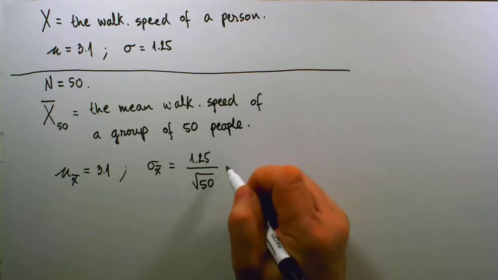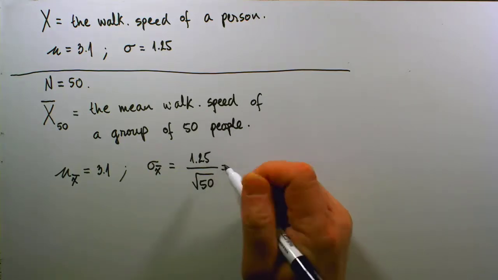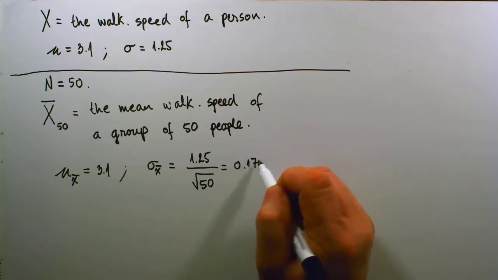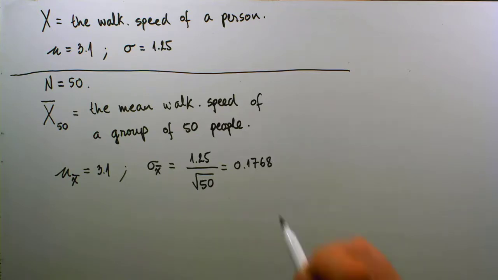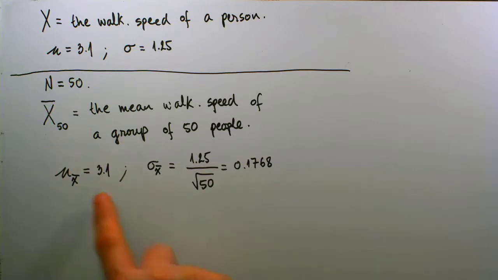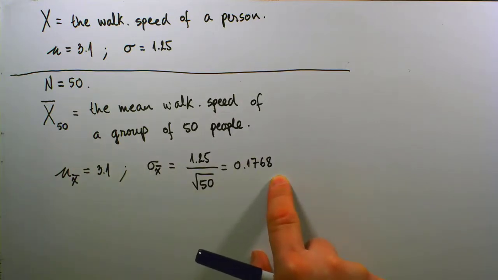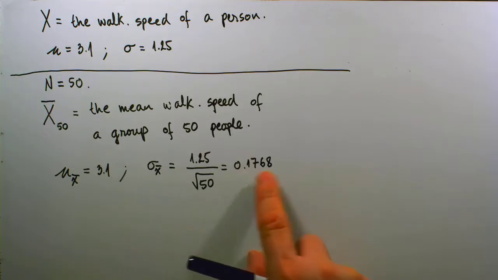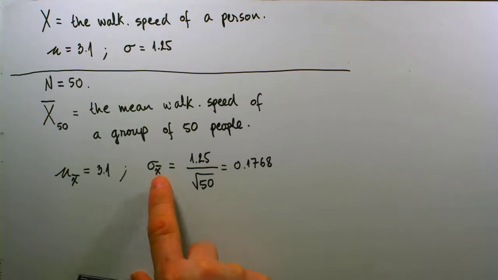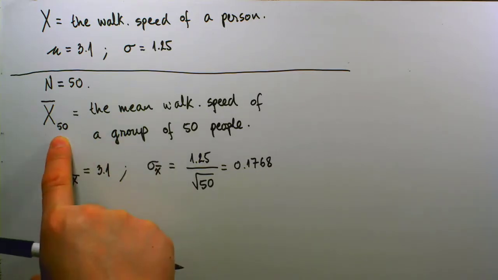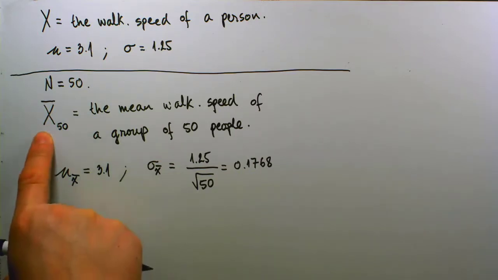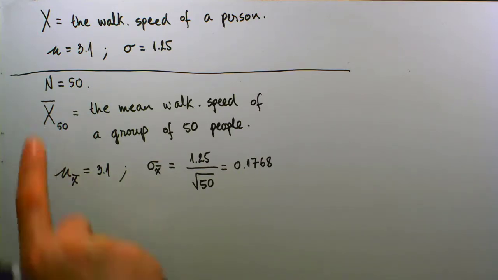So my calculation came out to be 0.1768. And again, anyone doing this kind of problem, you are on your own responsibility to watch for different rounding requirements for sigma X bar here. Again, this is the average spread of your sampling distribution of the sample means, and this is the center of your sampling distribution of the sample means here.